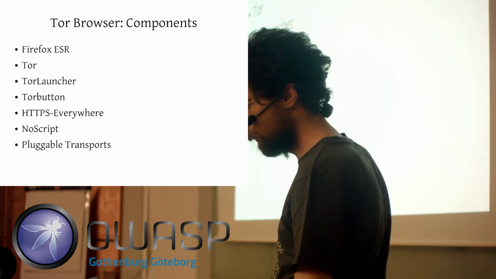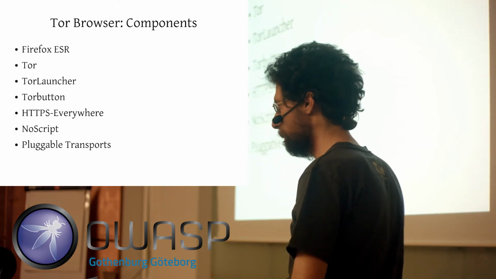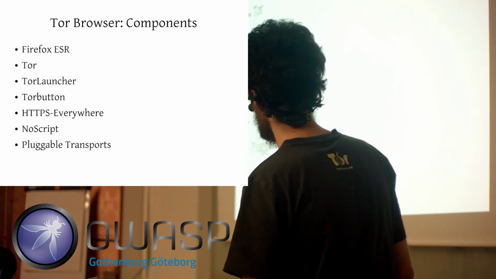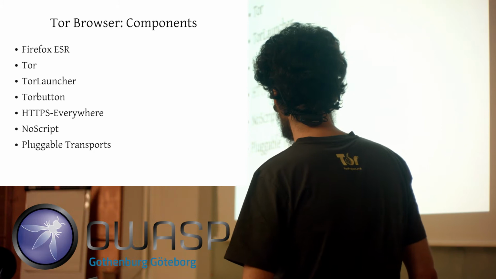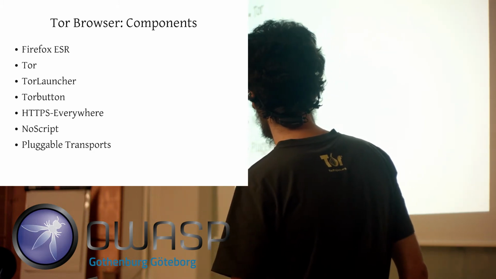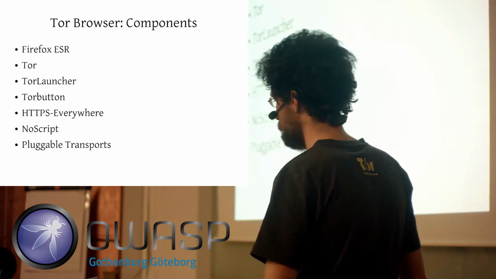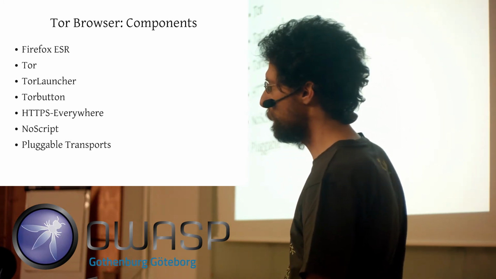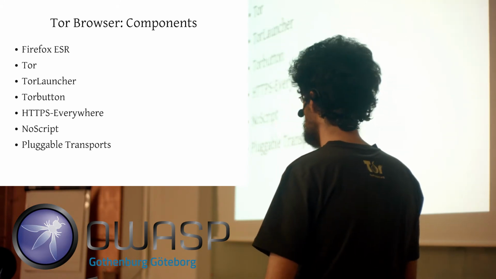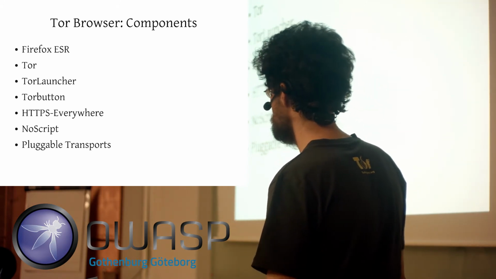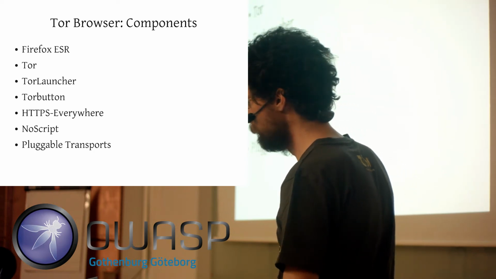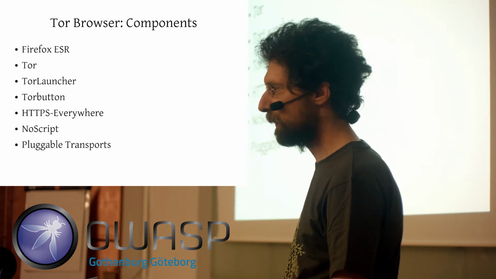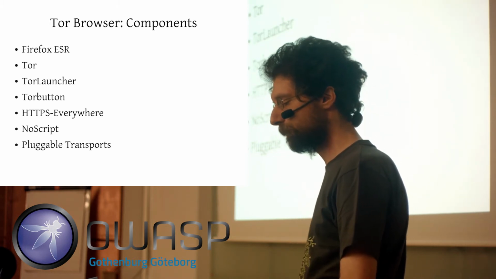Then we have an interesting tool called HTTPS Everywhere. This is one of the things that makes your Tor browser much better to use than a normal Firefox if you have these bad exit relays in mind. What this tool does is transform HTTP requests into HTTPS requests if it has a rule inside a database, which is shipped with it, for rewriting these kinds of domains.